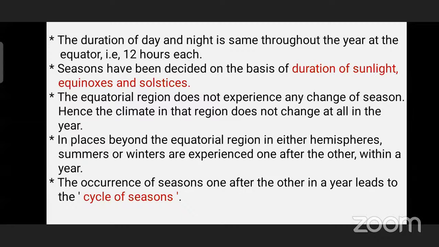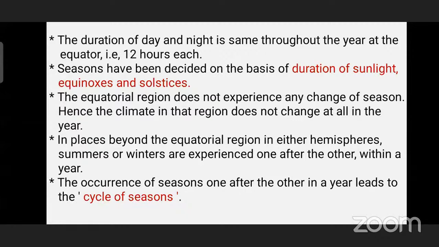These seasons repeat one after the other. This occurrence of seasons one after the other in a year leads to the cycle of seasons. So what is the cycle, students? The repetition of seasons one after the other in a year is called the cycle of seasons.